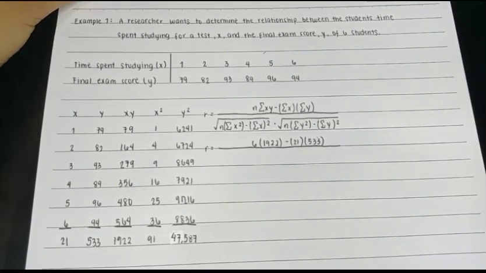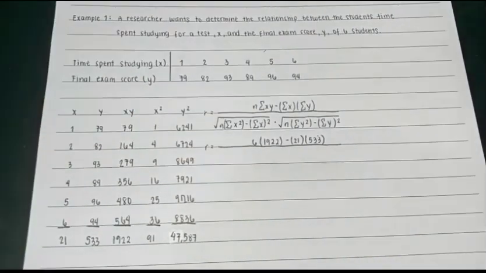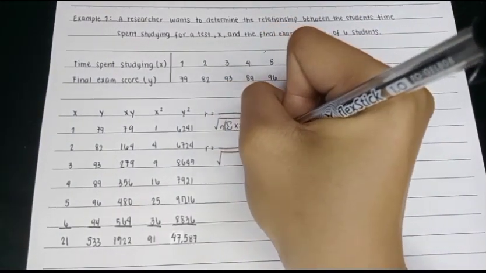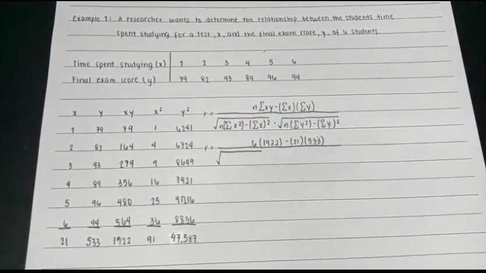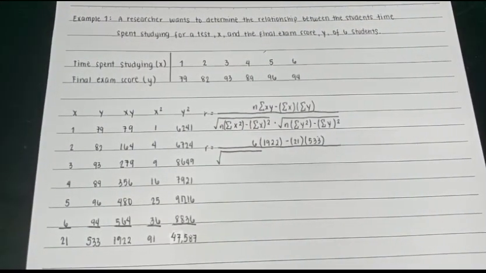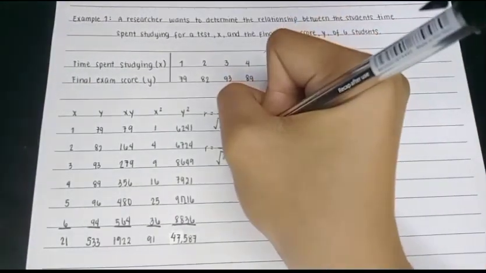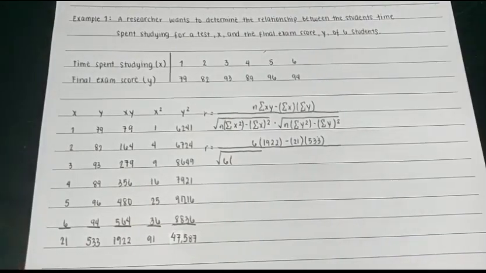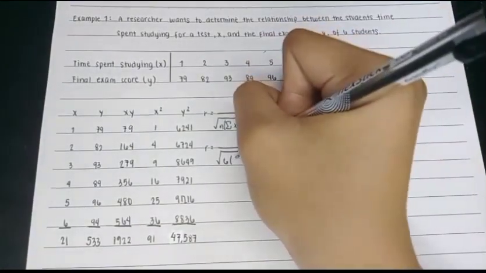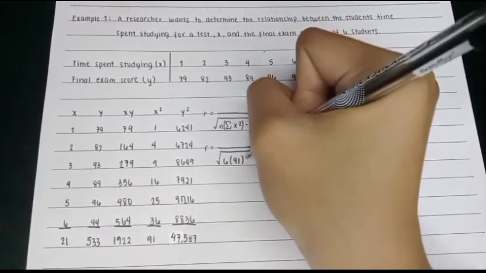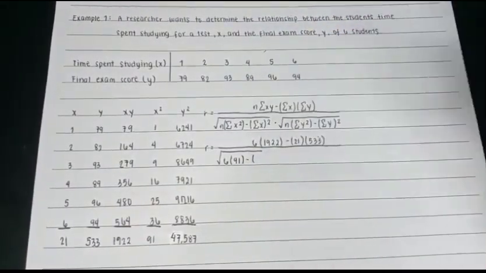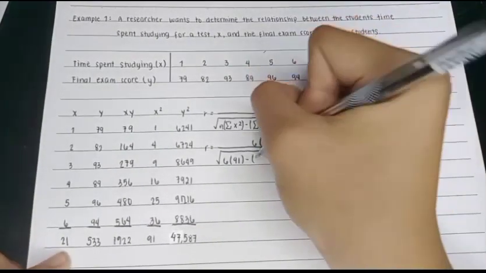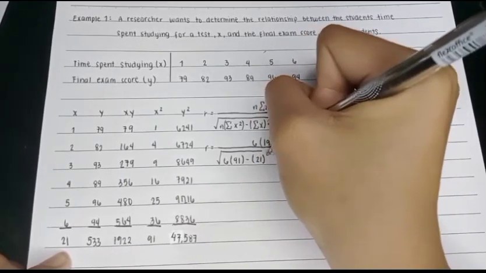Ayan. So, sa baba naman tayo. Square root, yung value ng n natin which is 6 or yung sample size natin. Then, the sum of our x squared is 91 minus the sum of our x, which is 21, then squared.